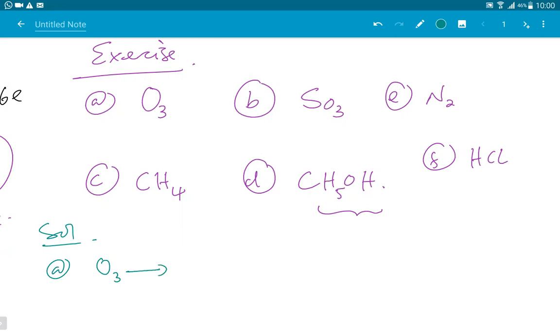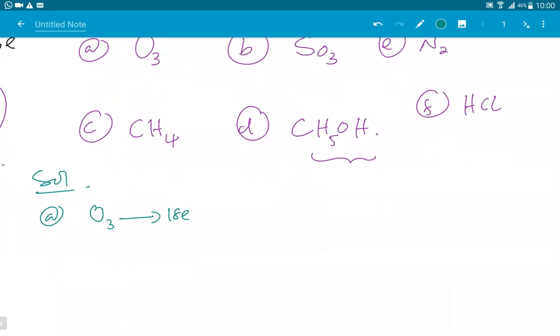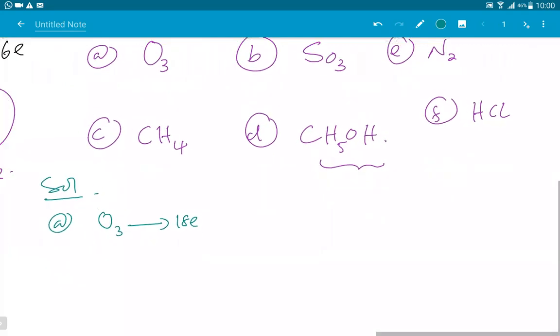18 electrons. Okay. And then you can describe for us how your structure is looking, the one you have drawn. Oxygen, 3 oxygens, yes.